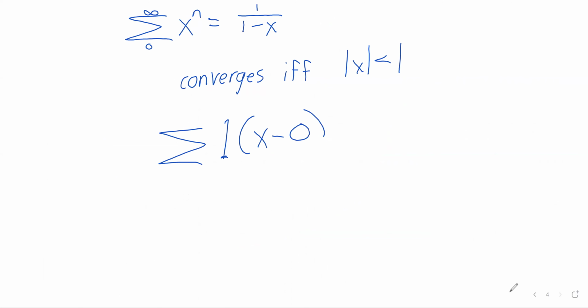This is a power series. It has the exact form of a power series. We normally don't bother writing in x minus 0 when the center is 0. But 0 is the center.